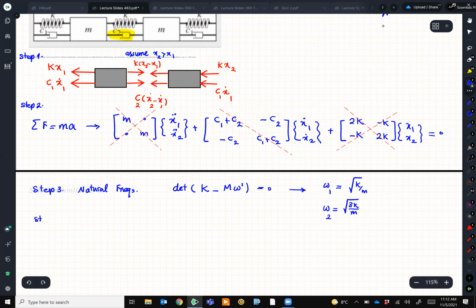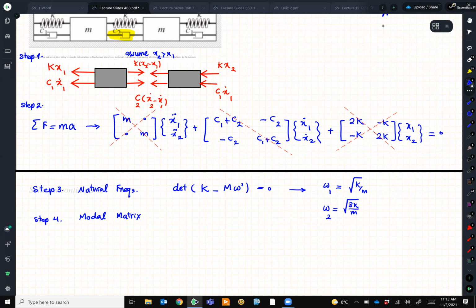Step number 4, and again, I skip the algebra because it's easy. You just substitute them, you will get this result. So step number 4, we need to find the modal matrix. For the modal matrix, we need to have the mode shapes.